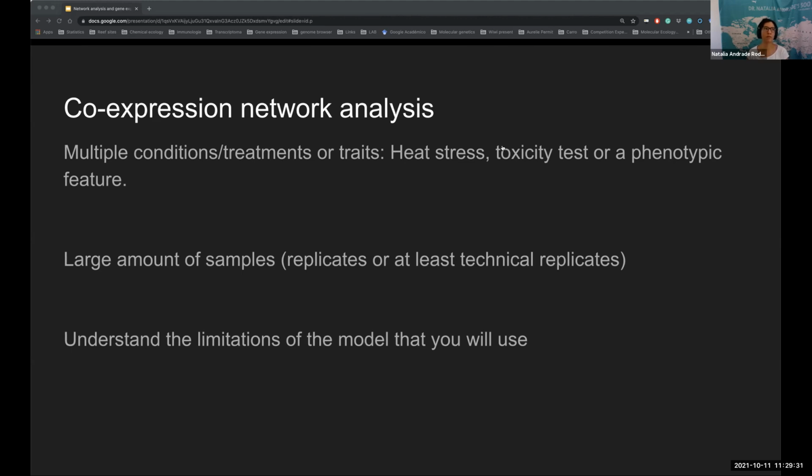They recommend three or more. You can do a network analysis with treated and control, or untreated and control, but you will miss a lot of the elements that the network can actually give you.